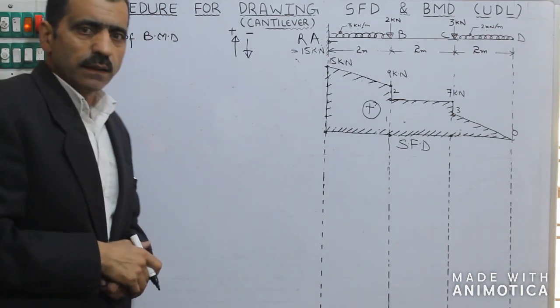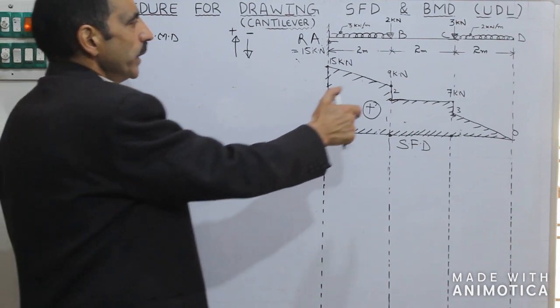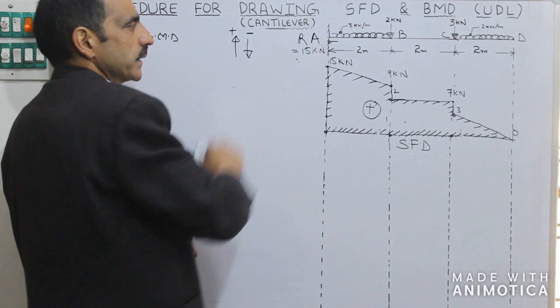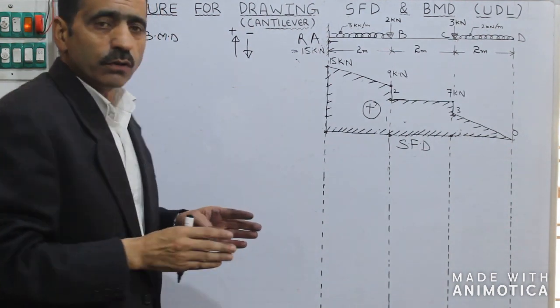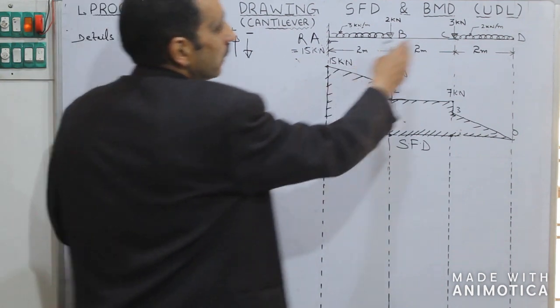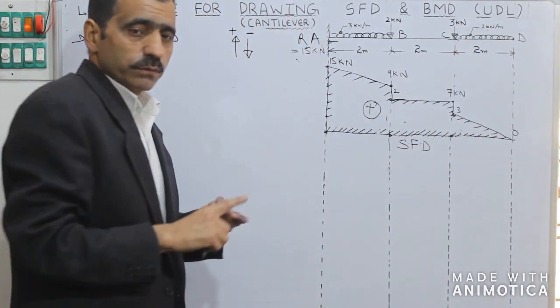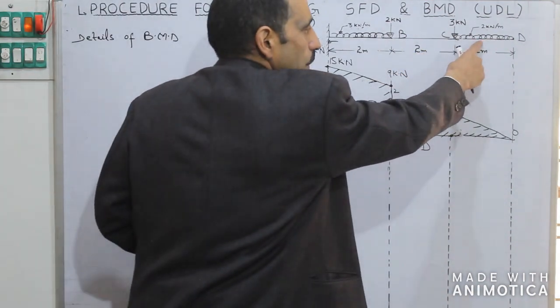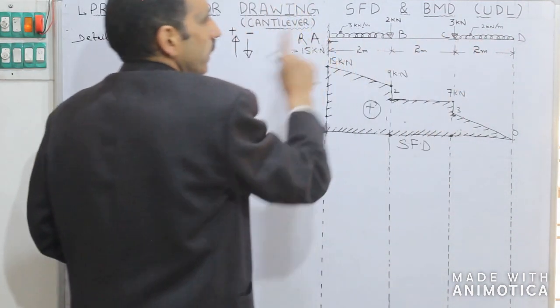In case of a cantilever beam, bending moment is always 0 at the free end and maximum at the fixed end. Whenever you want to calculate the bending moment in a cantilever beam, calculate it from the free end. Third point is to convert UDL into point loads and then calculate the bending moment.